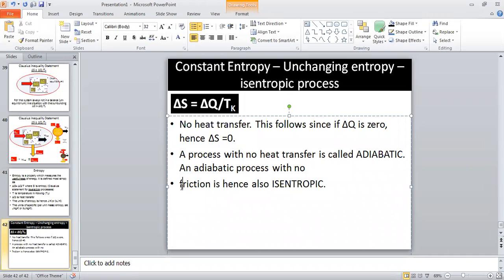And friction also has to be zero because these are always equilibrium processes, quasi-equilibrium processes.